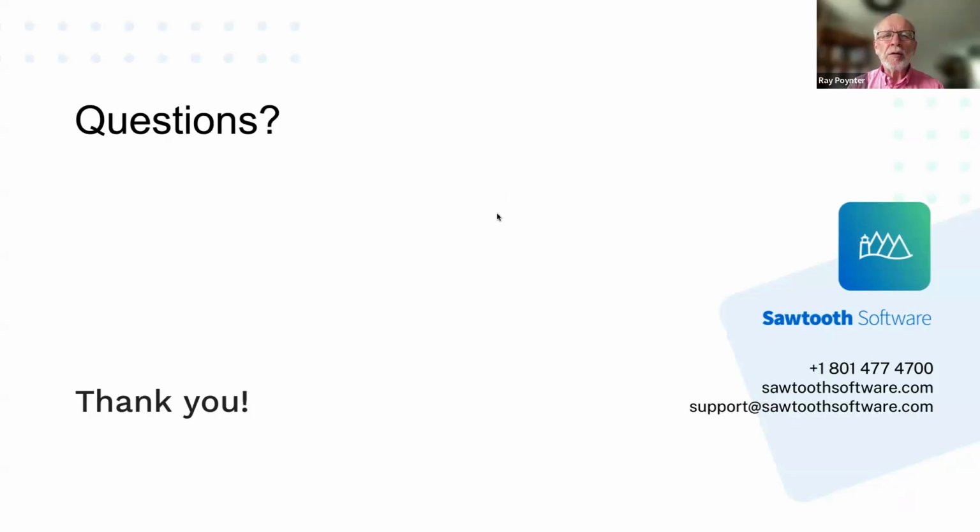Would you still do qual to find the attributes for a CBC study? In a study where I would currently do qual, I would still do qual, but I might have a chat with ChatGPT first. But I might also then have a chat afterwards to say, I'm doing this study in some of the poorer regions of the cities.